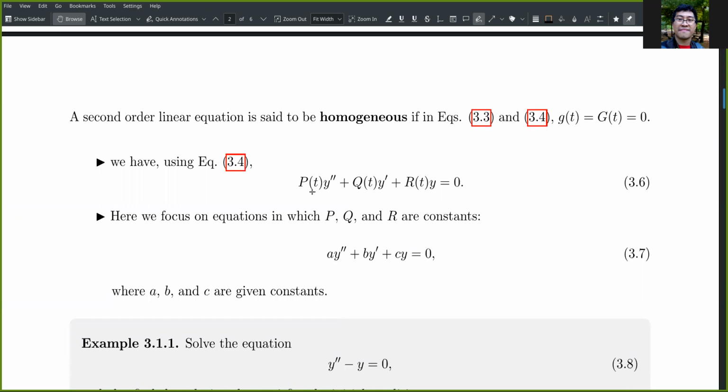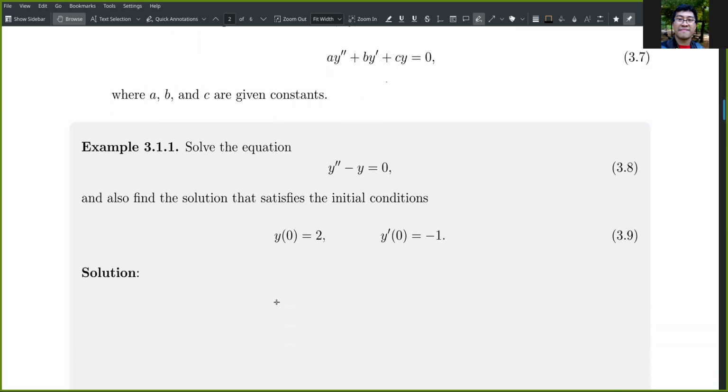So, for example, using 3.4, this expression can be written like this. We remove the g, set it to 0, and we focus on when p, q, and r are constants, or we write it like this, where a, b, and c are given constants.